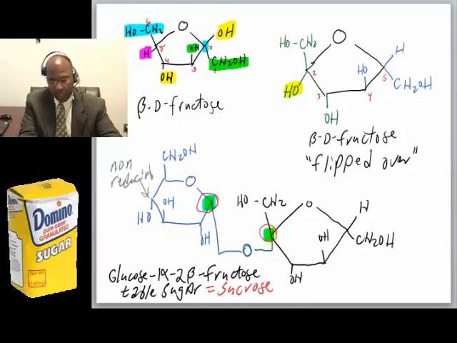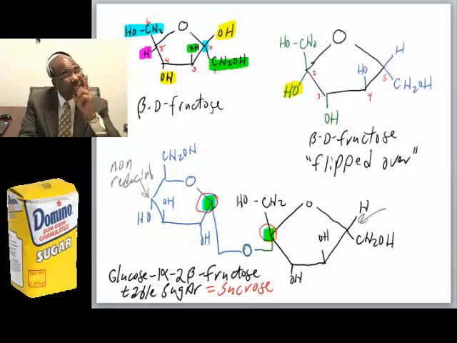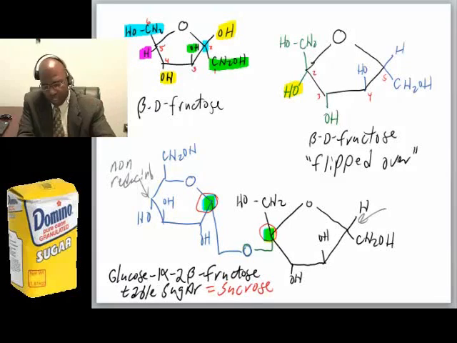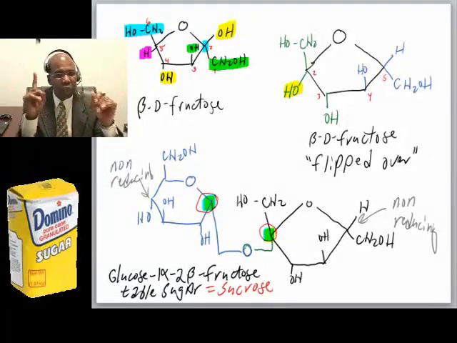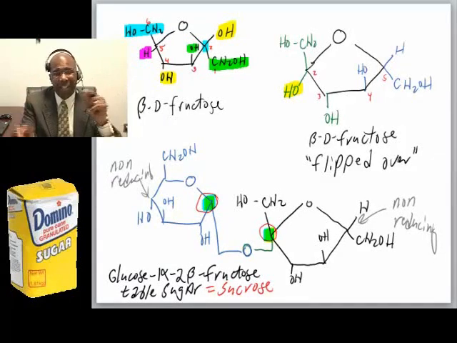It can't reduce anything. The right end of sucrose, this is highly unusual. The right end of sucrose is non-reducing because it can't reduce anything either. And so in biochemistry, this will probably be the only sugar that you'll see that has no reducing end. And this is sucrose.